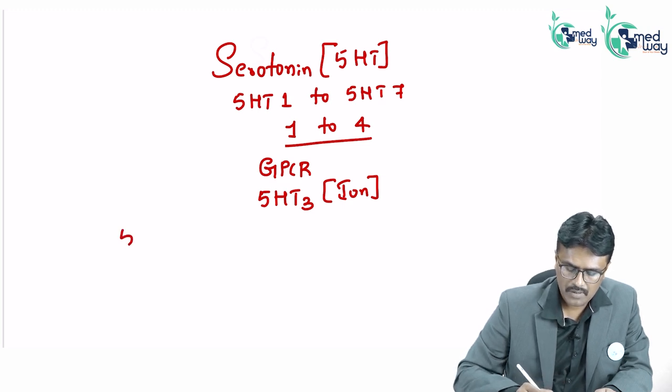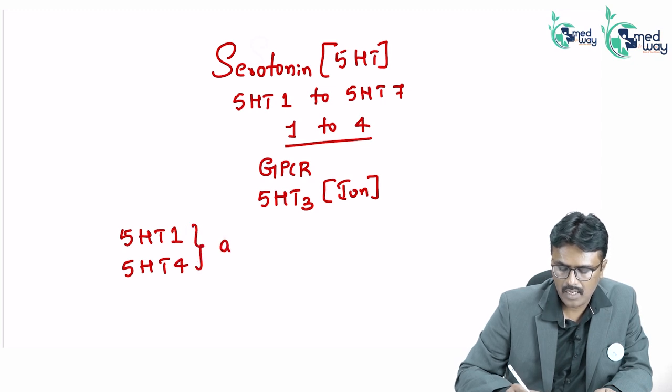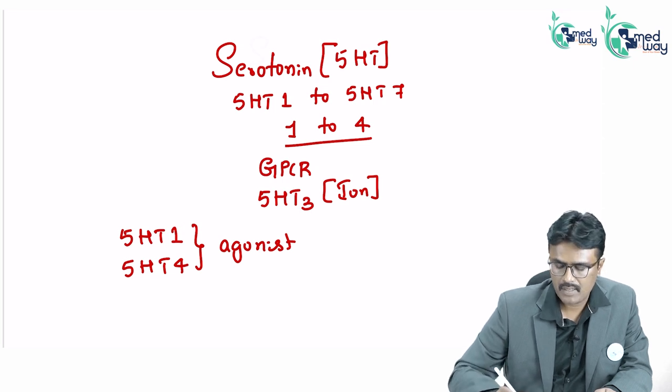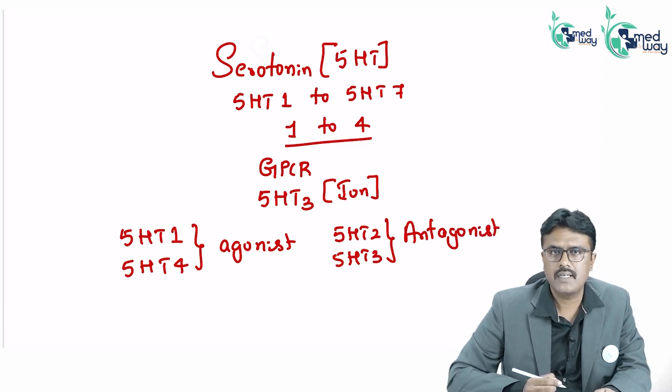One more common thing you have to understand, the drugs available for 5-HT1, the drugs available for 5-HT4, usually they are agonist. And the drugs available for 5-HT2 and 5-HT3, usually they are antagonist. So these are the general points I just want to tell you before starting serotonin properly.